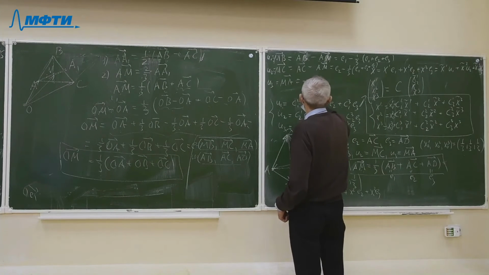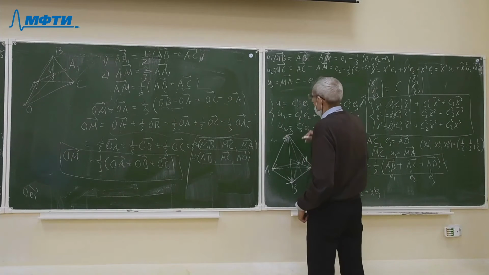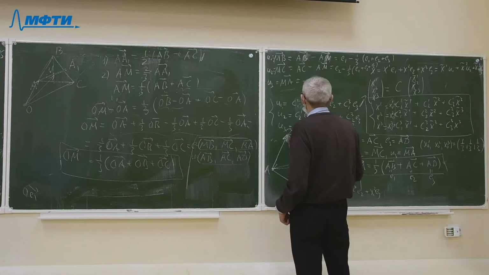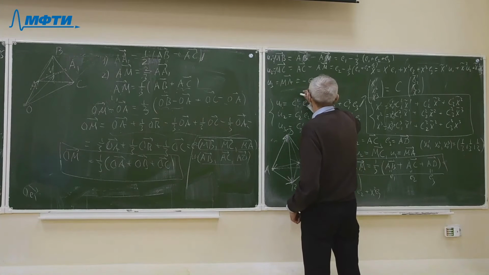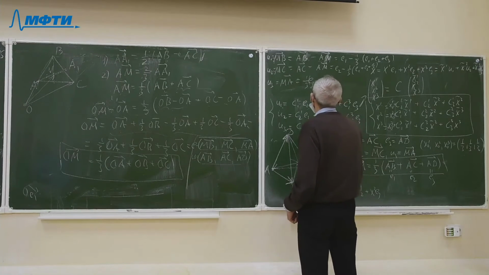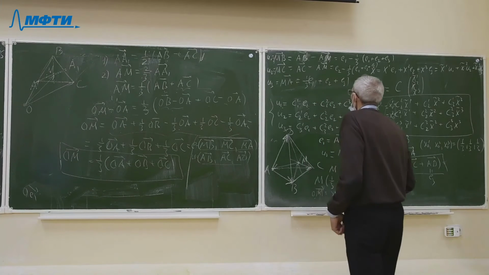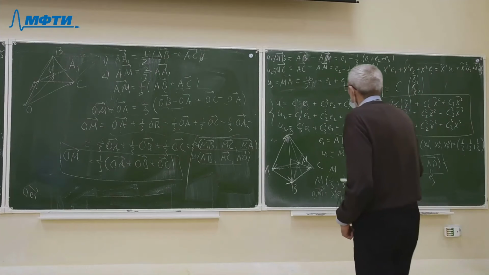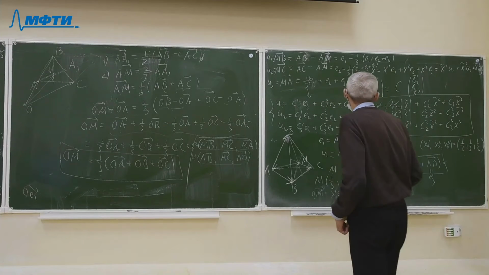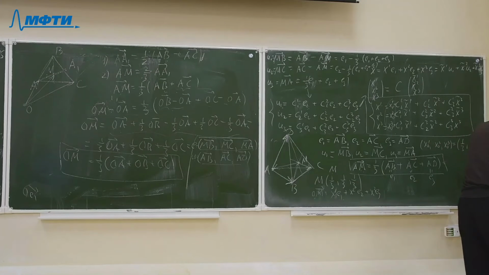MA is minus 1/3 (E1 plus E2 plus E3). And we obtain the following formula.